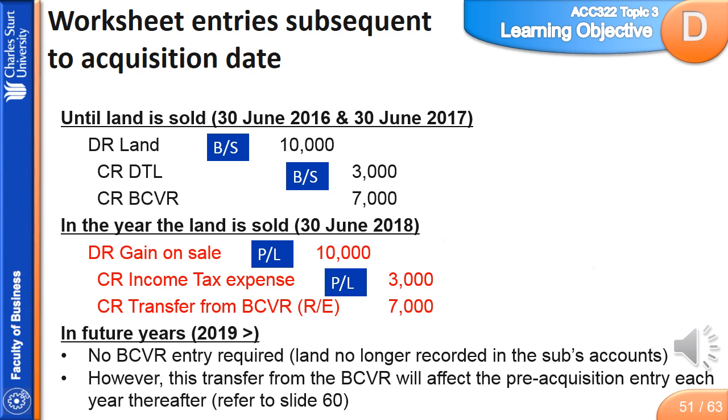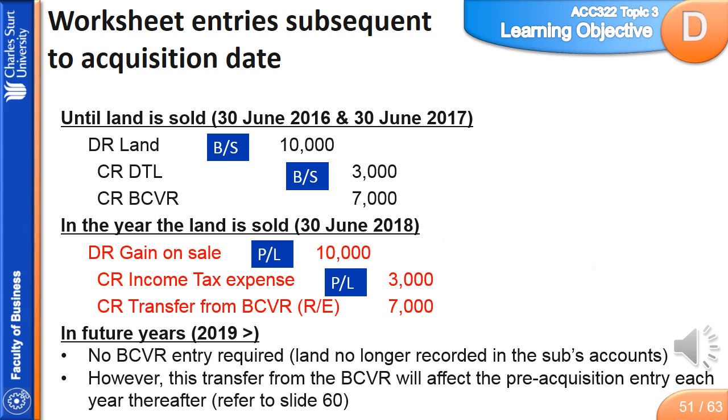However, this transfer from the BCVR will affect the pre-acquisition entry each year thereafter, and that's noted on slide 60. So what would happen is there's still this $7,000 difference that is recorded, and that's what went into the calculation of goodwill. And the goodwill figure doesn't change if one of these revalued assets is sold.